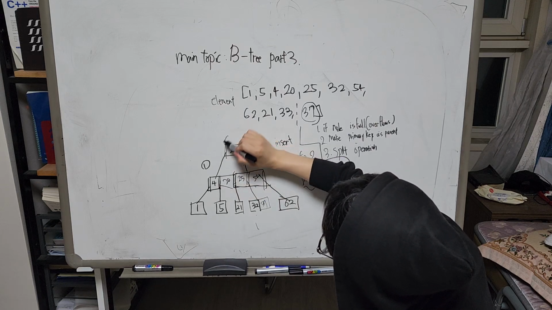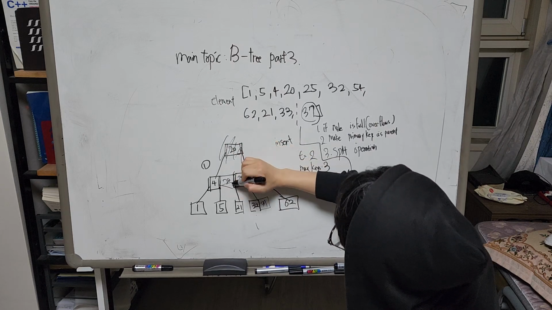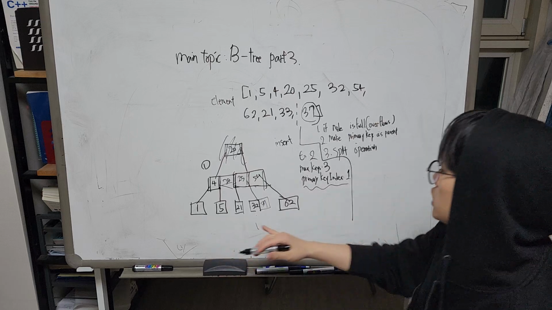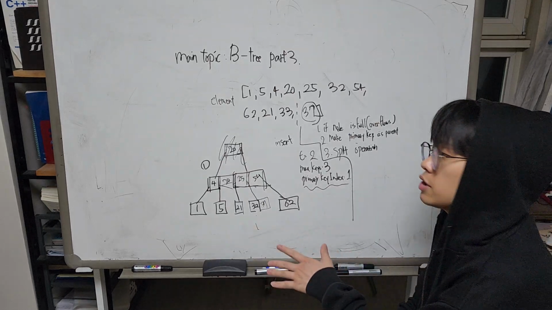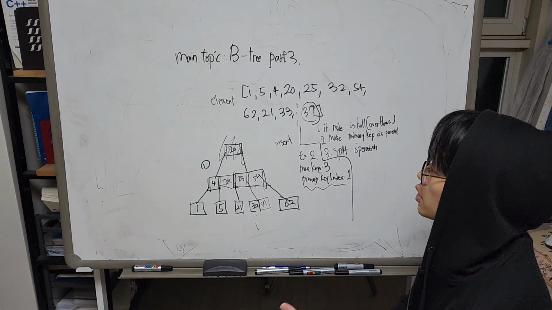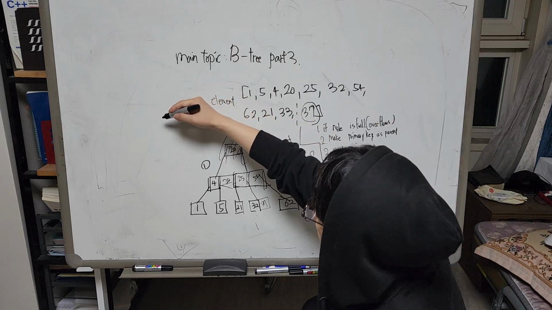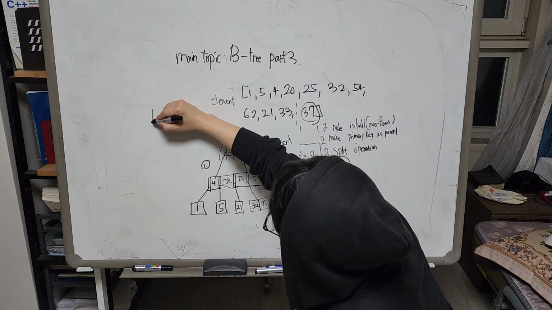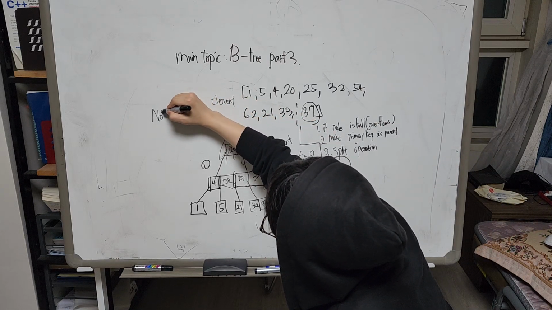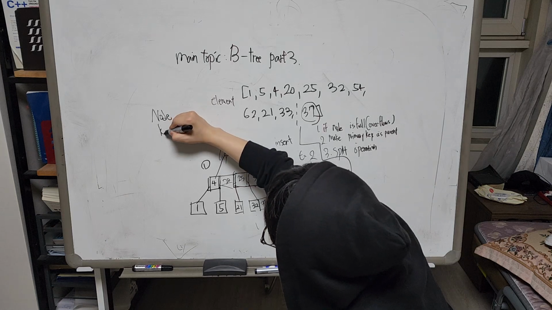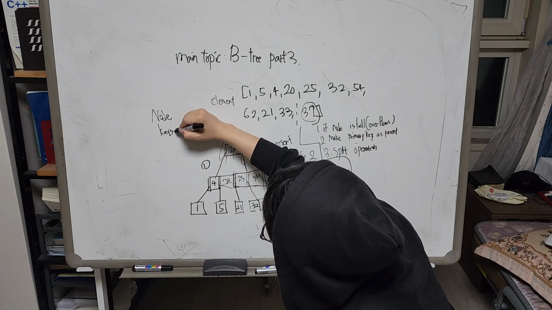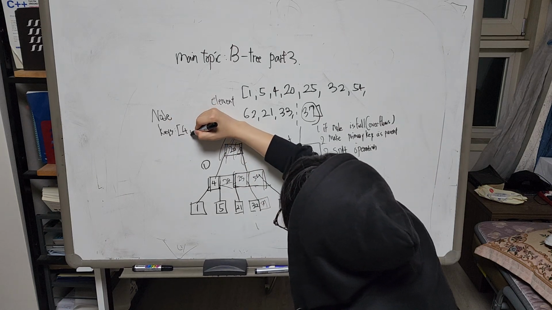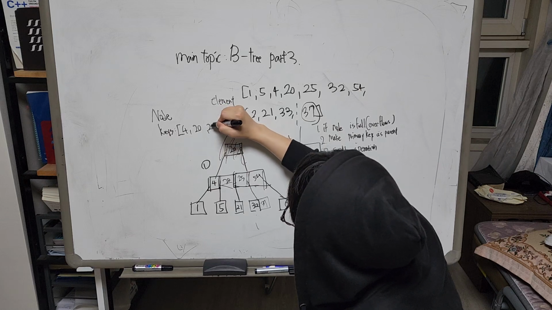Before, it was like this, and to represent this kind of B-tree in my TypeScript or JavaScript code, it's going to be a node that has keys 4, 20, 25, and 54.